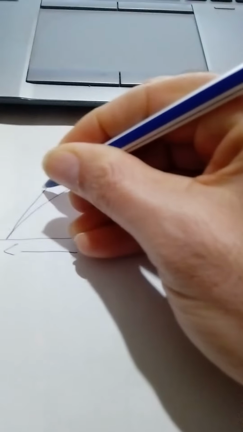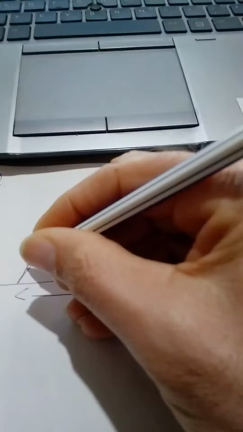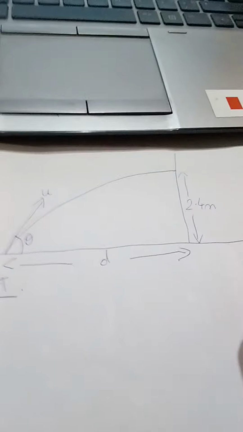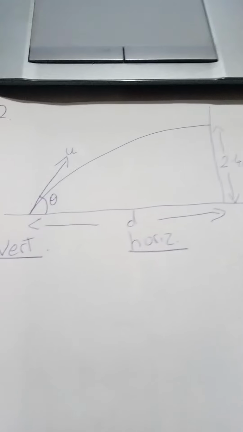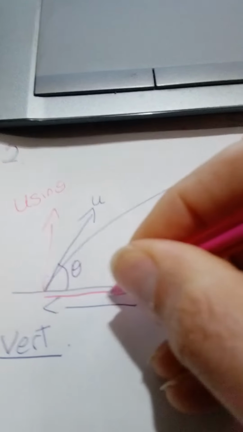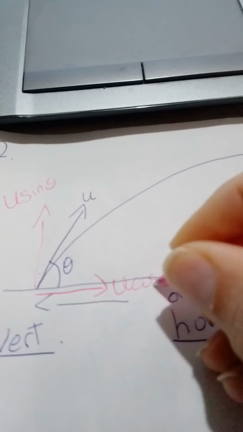This is going to be a projectile problem. This is from where the child is going to hit the ball. I'm going to call the initial velocity u, which will be at angle theta. We've got the vertical and horizontal information that I need to write. For the velocity, we have to use the components, so this one we'll call u sine theta, and this one u cos theta.